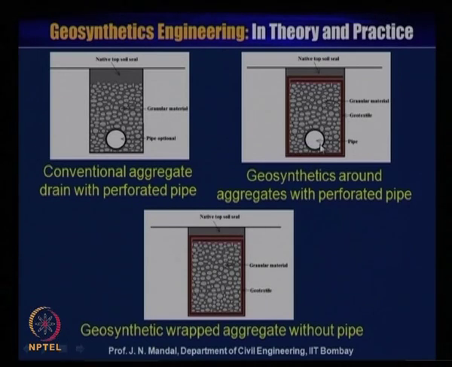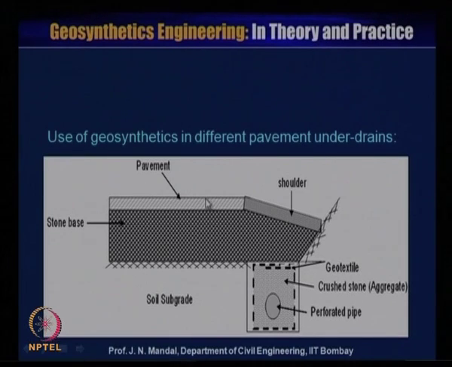The pipe is optional. When you provide the geosynthetic material, the soil will not clog, because this geosynthetic material acts as a separator, and at the same time it acts as a good drainage and filtration material. Now, some use of geosynthetics in pavement under drain.